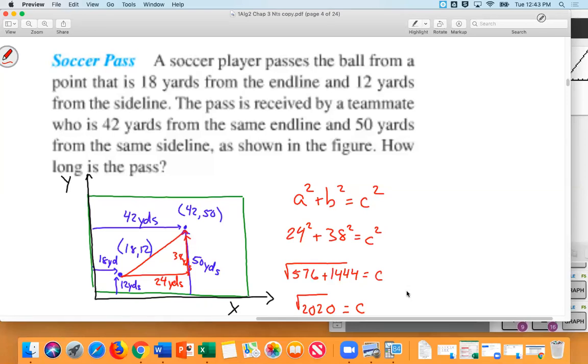I don't know, like 47? You're close. It's 44.9. So C is approximately 44.9 yards. And we would just probably say it's about a 45-yard pass.